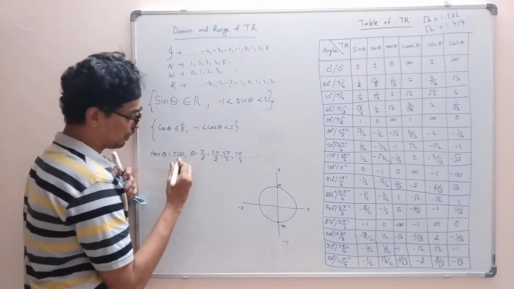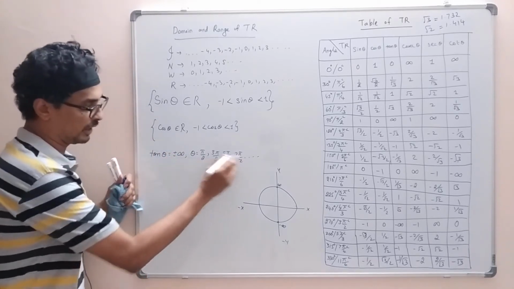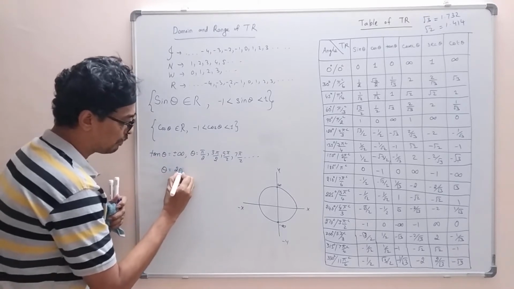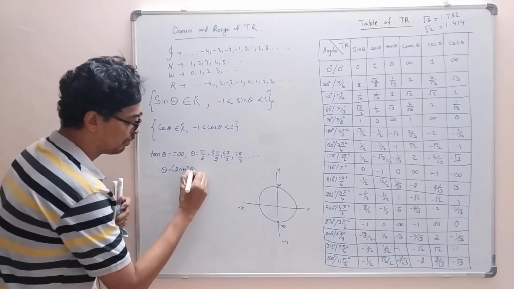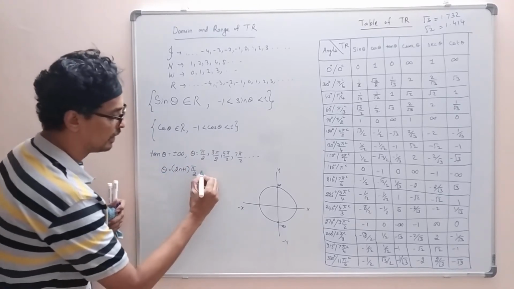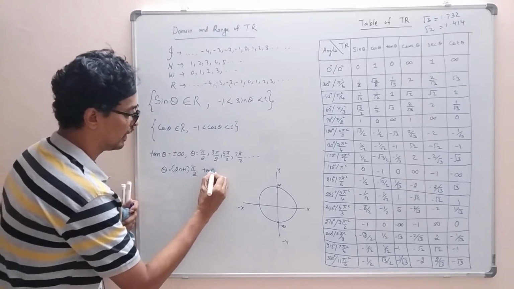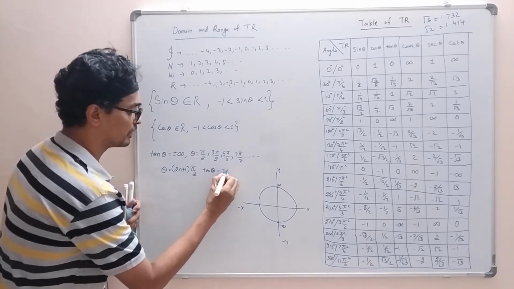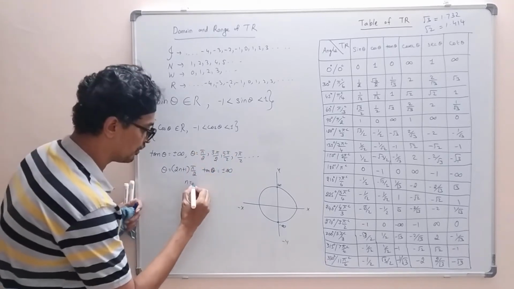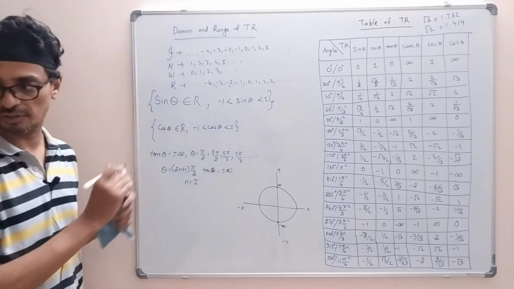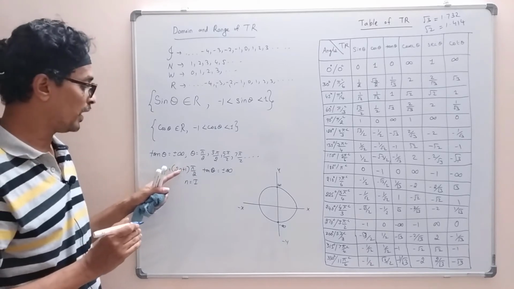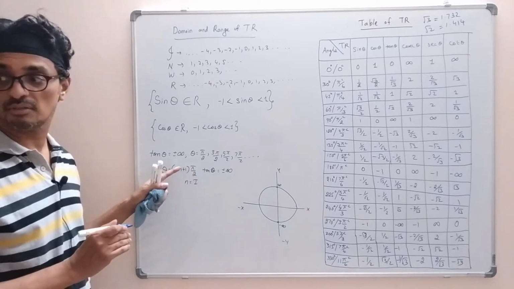So instead of writing like this, we can write theta is equal to (2n plus 1) pi by 2. When theta is equal to (2n plus 1) pi by 2, tan theta is equal to plus or minus infinity, where n is an integer, and you can take any integer value. If it is 0, it is pi by 2. If it is 1, it is 3 pi by 2. If it is minus 1, it is minus pi by 2.